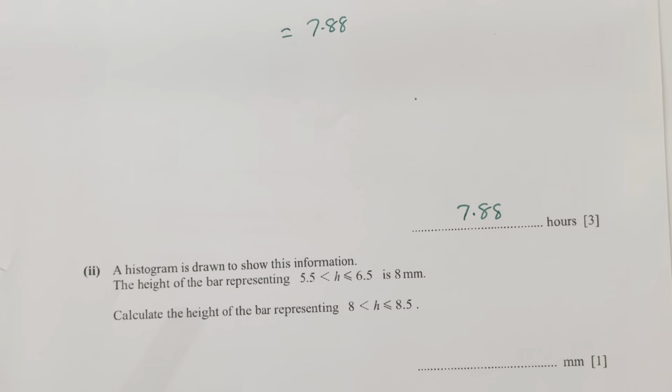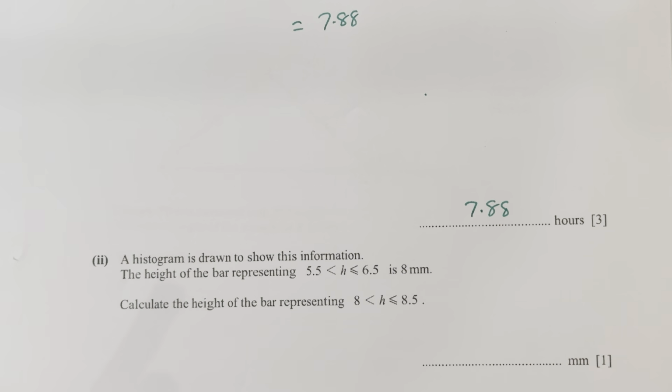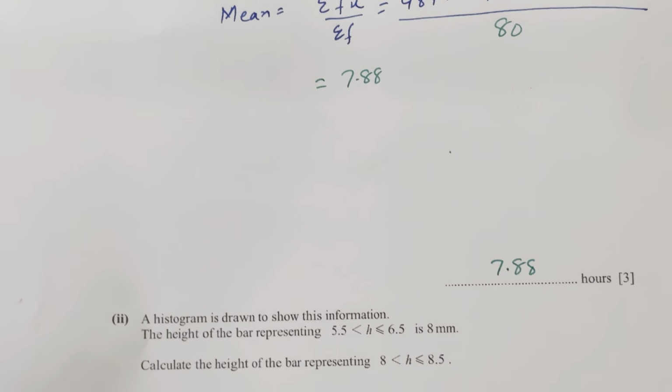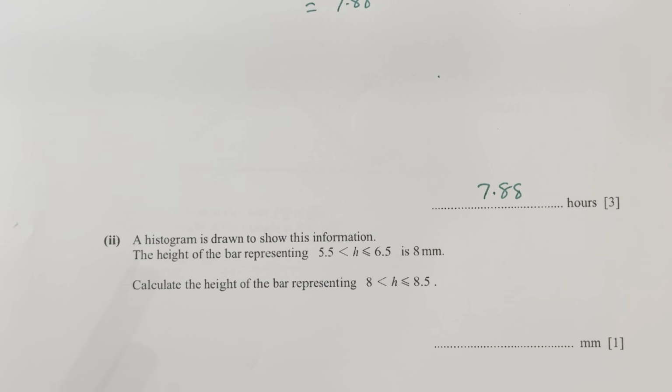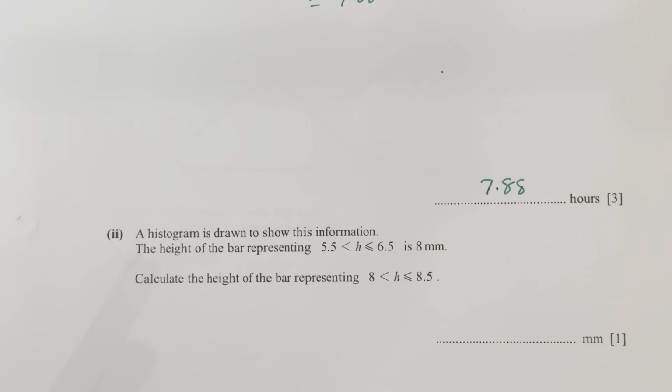Next part, second part, a histogram is drawn to show the information. The height of the bar representing 5.5 to 6.5 is 8 millimeters. Calculate the height of the bar representing 8 to 8.5. So we know that the frequency density has the formula that is equal to frequency over class interval, and we know that the frequency between 8 and 8.5 is 23.